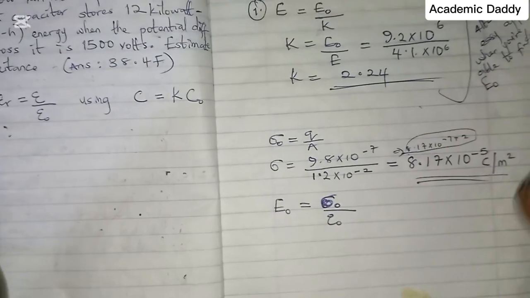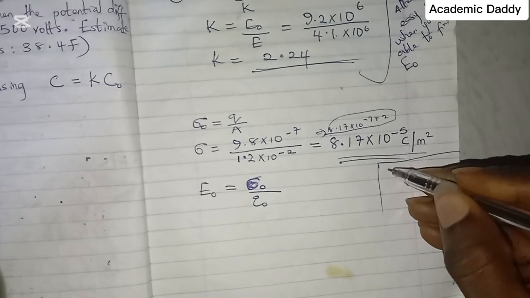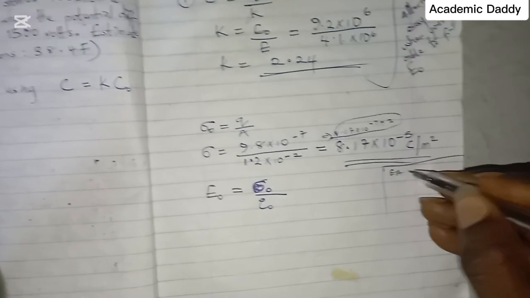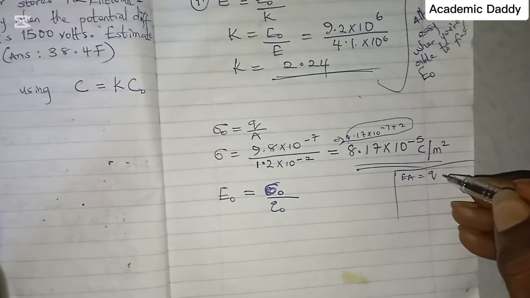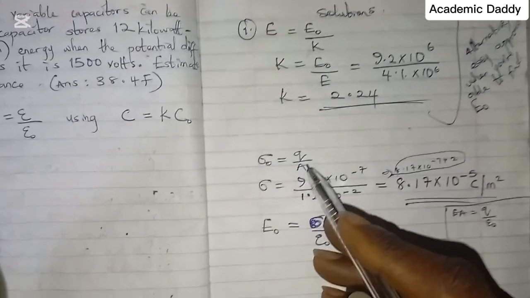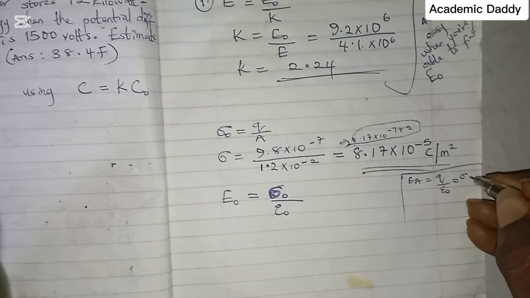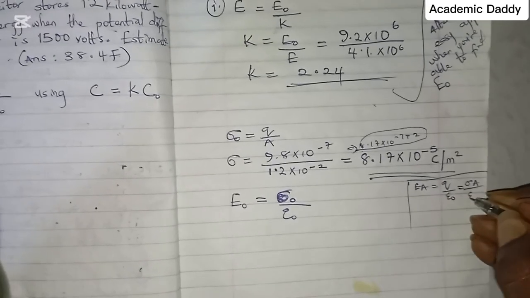If you remember, from the formula EA equals Q over E naught, Q can be the same as surface density times A, all over E naught.